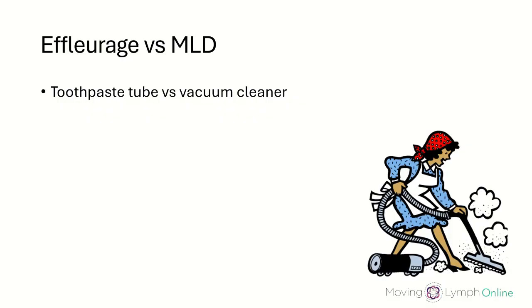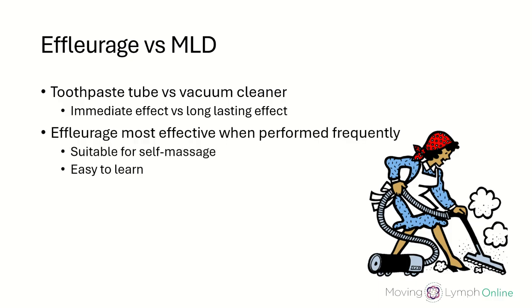And for the non-Vodder therapists on the meeting, just to highlight for you the main difference between MLD and lymphatic effleurage, we can do this using toothpaste tubes and vacuum cleaners. So lymphatic effleurage is very effective in terms of moving lymph through the lymph vessels. It's like a toothpaste tube.